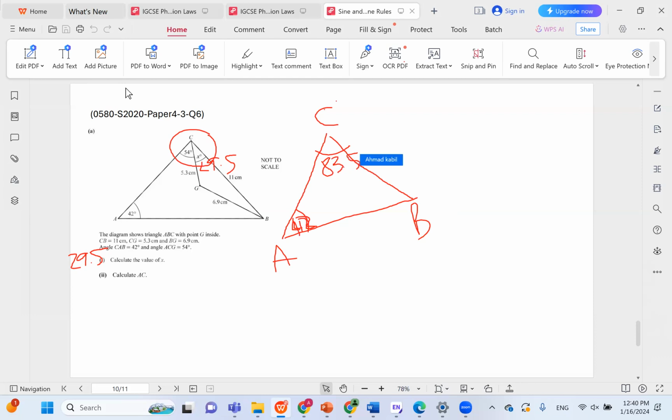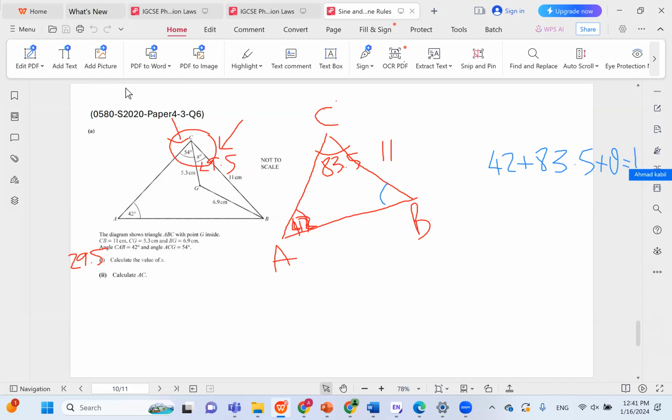All I did was add the two values, the 54 and the 29.5, to get the total value of angle C. So now that we have angle C, which is 83.5, and we have side CB from the original drawing as well, which is 11, we are required to find AC. The first step is to get the third angle, and that's very easy to do because the sum of the three angles is 180. So 42 plus 83.5 plus theta equals 180.